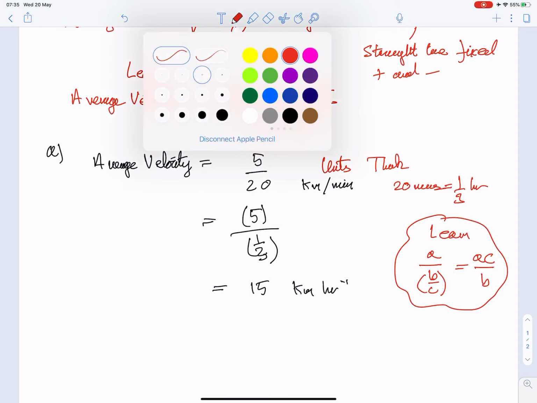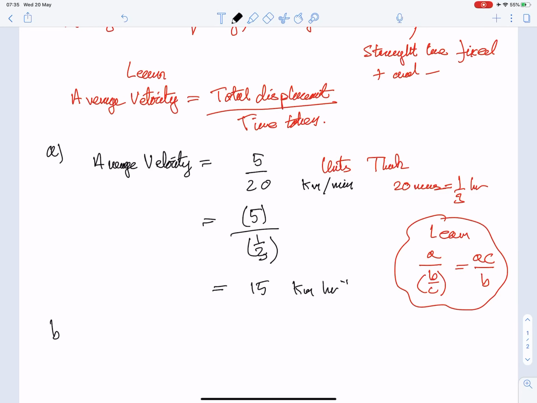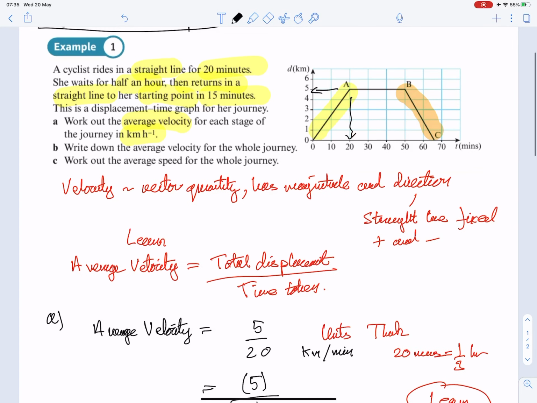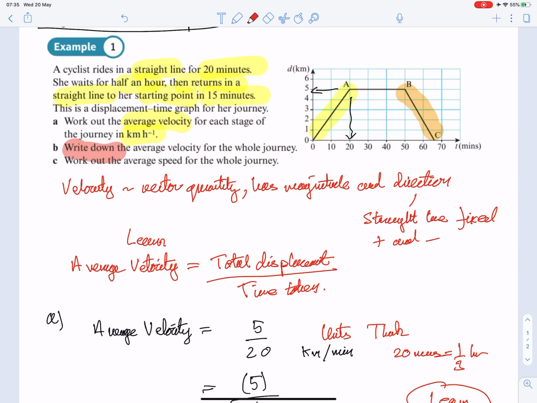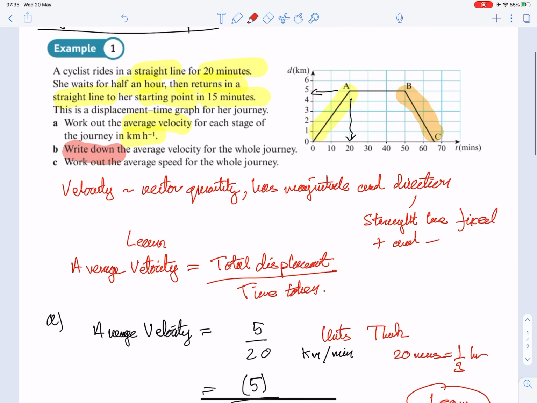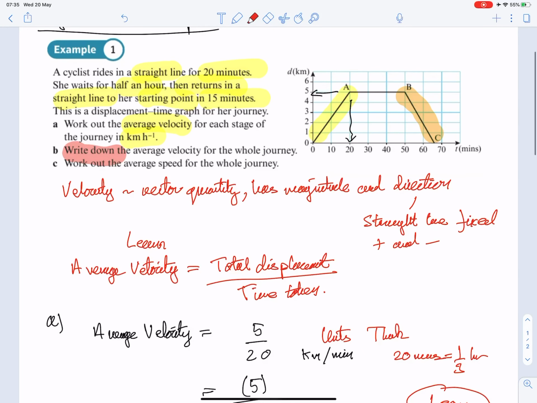Part B. Let's go back and have a look. The average velocity for the whole journey. The key prompt in the question is actually right down here. What can we see on the graph?